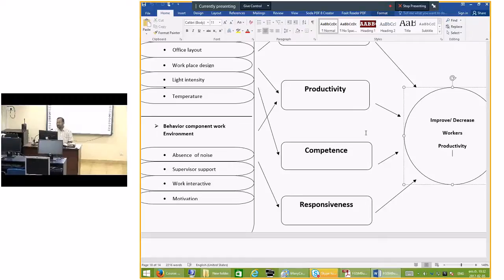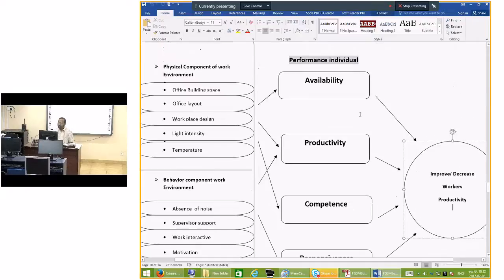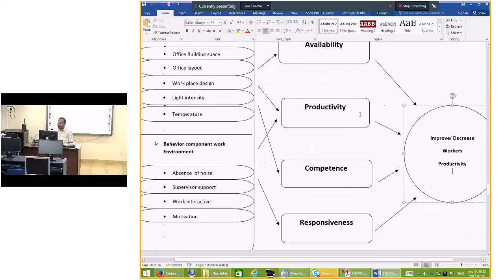Everyone knows productivity means maximum benefit from inputs, the input-output ratio, very simply said. Without input-output ratios, in availability and responsiveness, how do you say that productivity has increased or decreased? That's my argument.